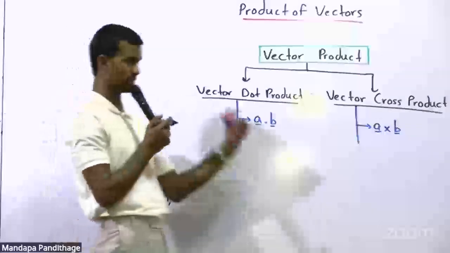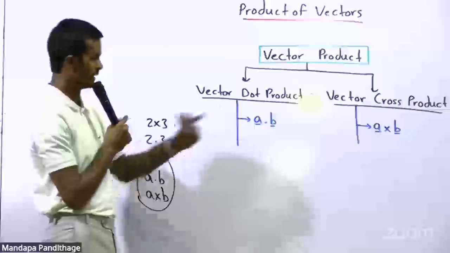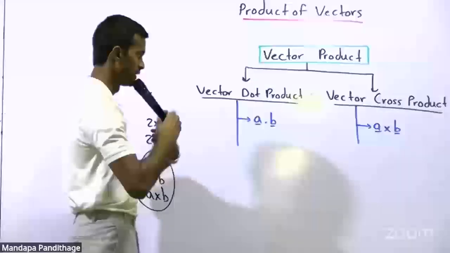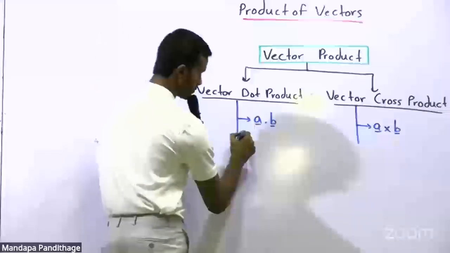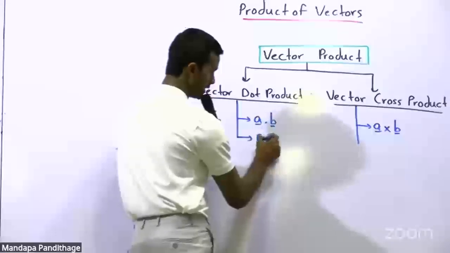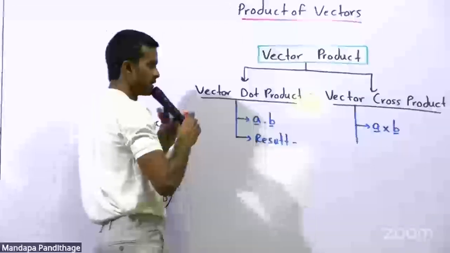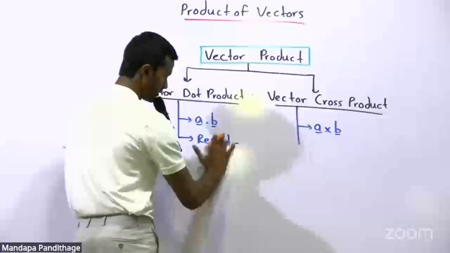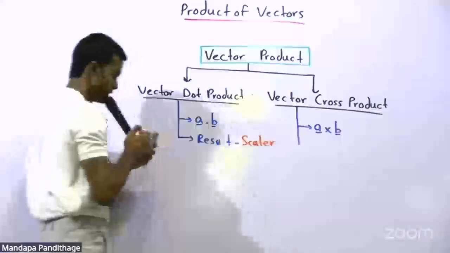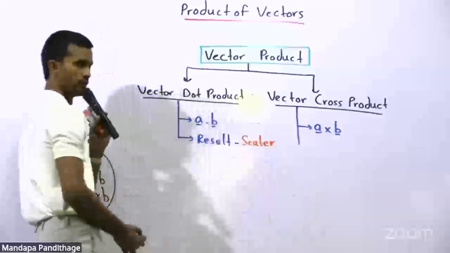But when it is vectors, we are getting two different products. Here it's the vector dot product. Here is the vector cross product. The result of the vector dot product is a scalar quantity, which means it's only a magnitude.